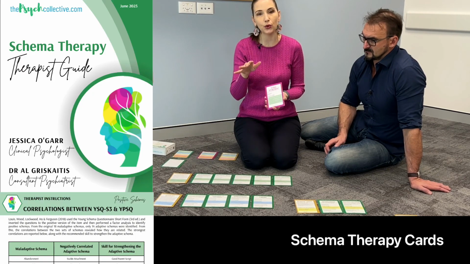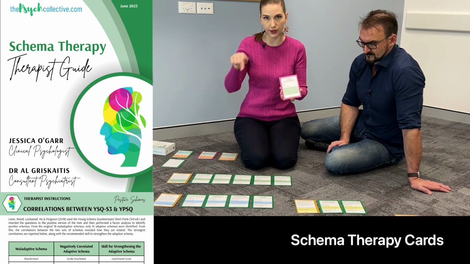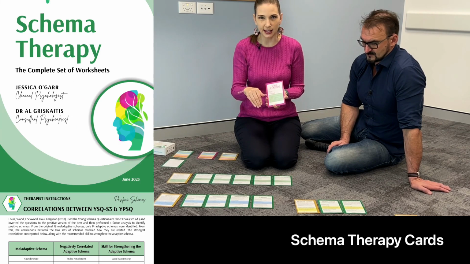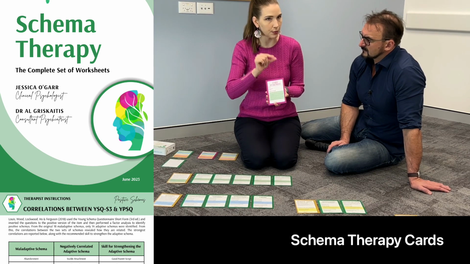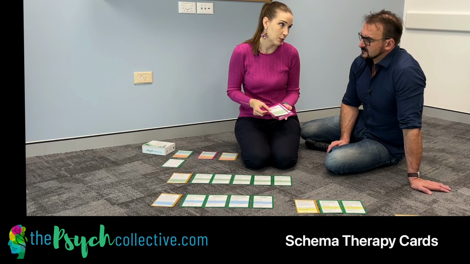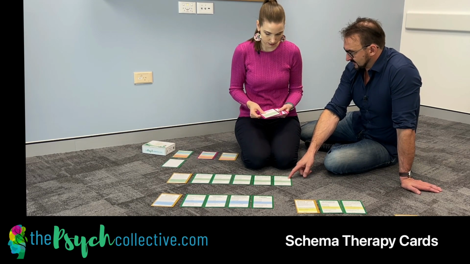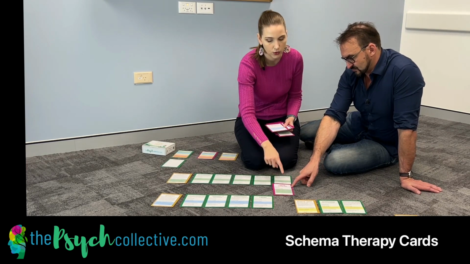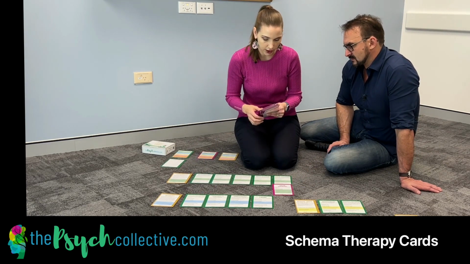I've got a table for you in the Schema Mode Therapist Guide that gives the matchup, and in the Schema Mode Complete Set of Worksheets, at the very back where we've got the pages on the adaptive stuff, that'll tell you the matchup as well. I color-coded these too, because that's how my brain works. So if I've got a social isolation maladaptive schema, then the complement to that is social belonging.